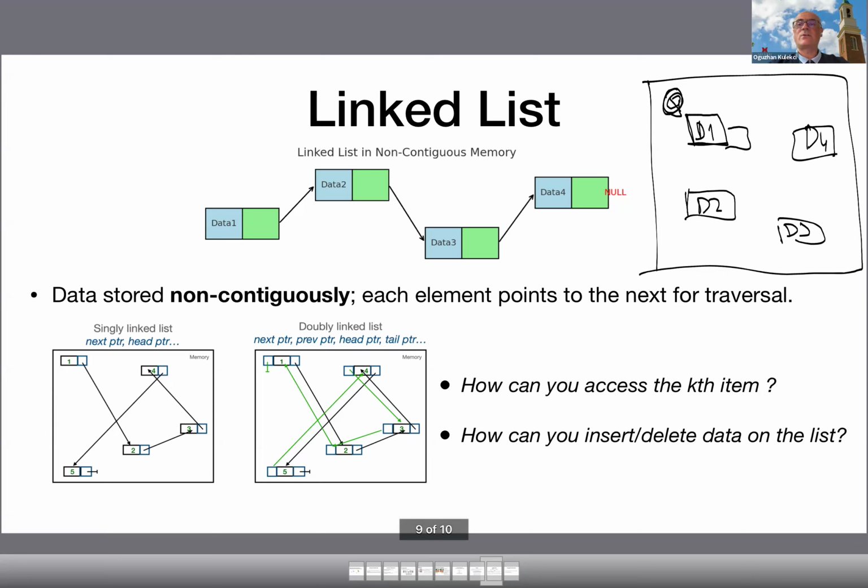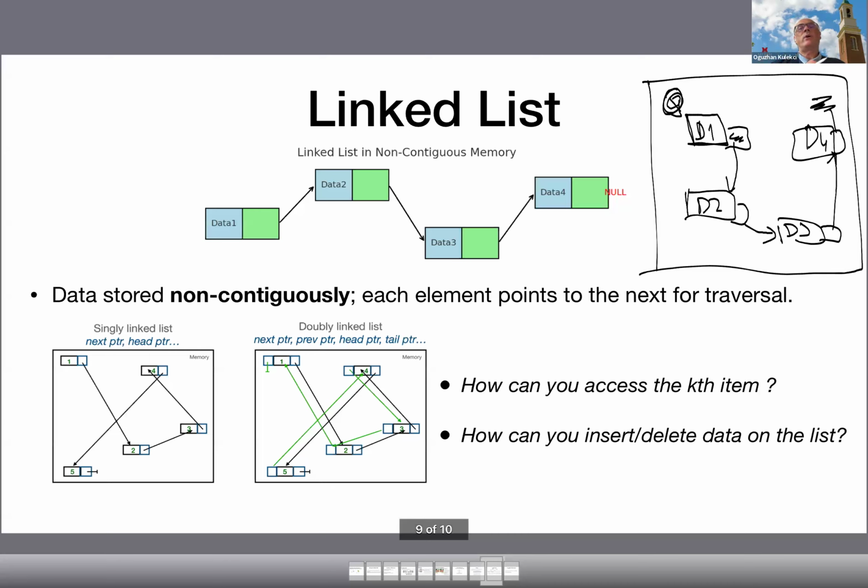That means there should be an additional field, so we call this a link for the next guy. Similarly, the next guy has another link to the following one, and that continues until the last one, which says I don't have any followers. Okay, so that's called a linked list.